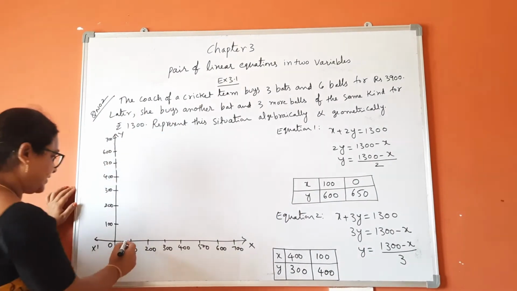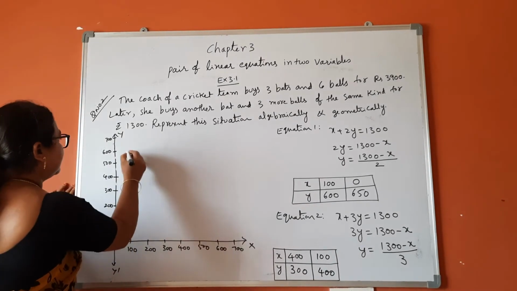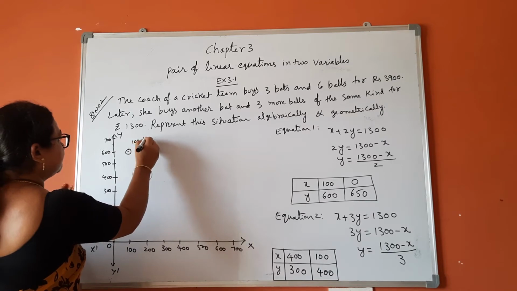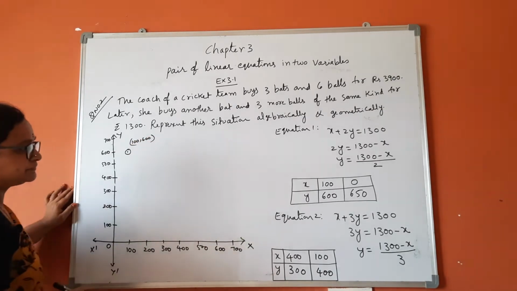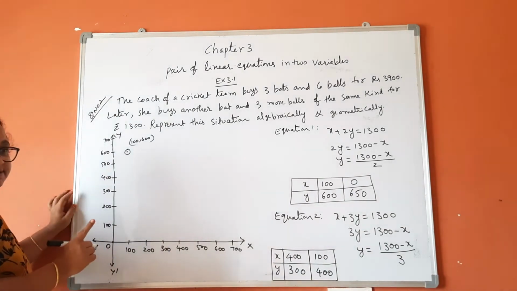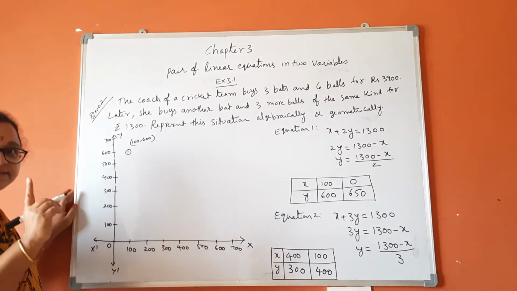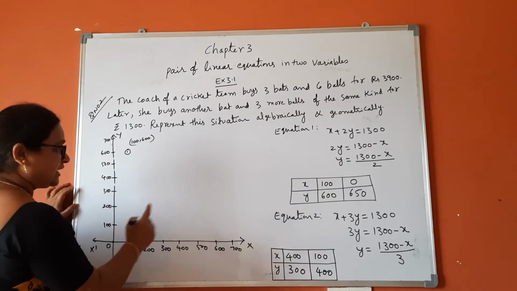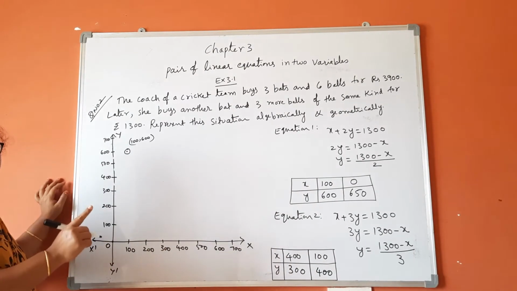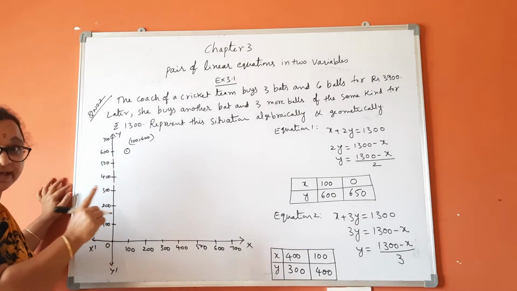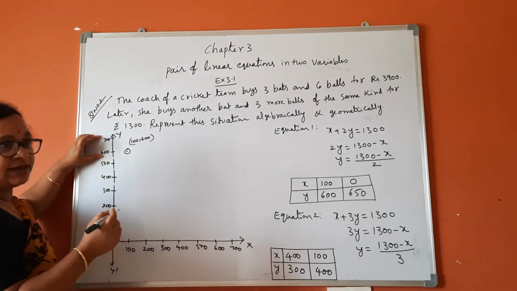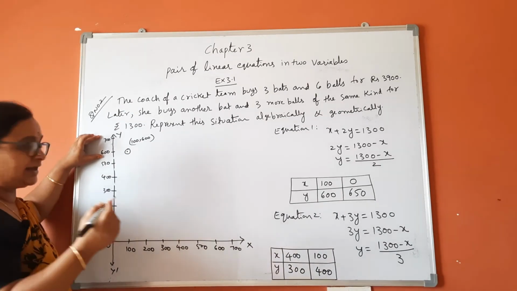X coordinate is 100, y coordinate is 600. Then 0, 650. X coordinate is 0 and y coordinate is 650. So obviously it lies on the y axis, children, because x coordinate is 0. 650 will be in between 600 and 700.